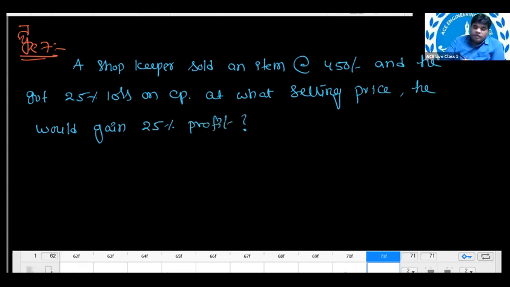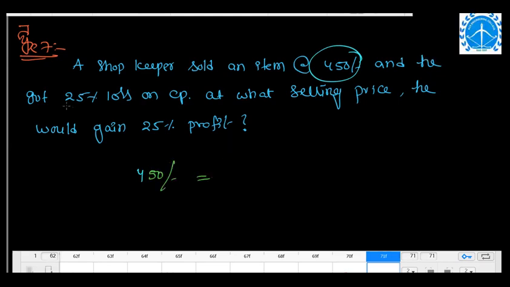A shopkeeper sold an item at 450 rupees and he got a 25% loss on CP. At what selling price would he gain 25% profit? First, what is the selling price? 450 rupees, at which time he got a 25% loss.